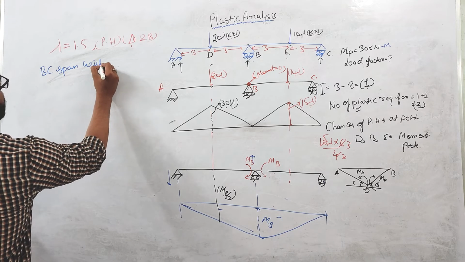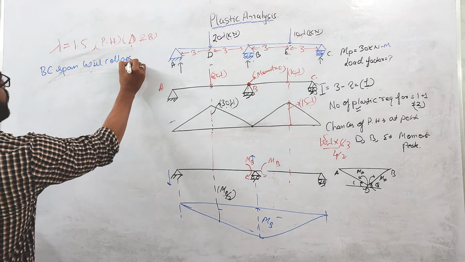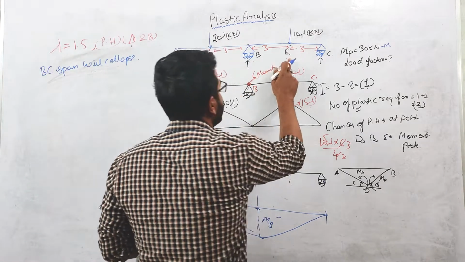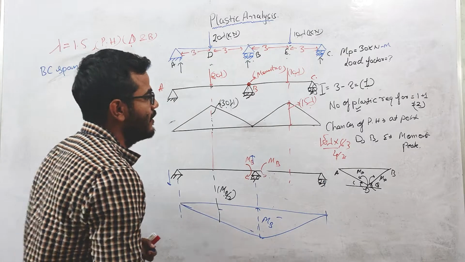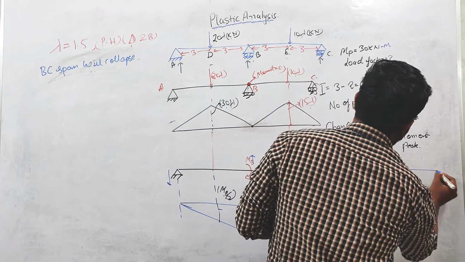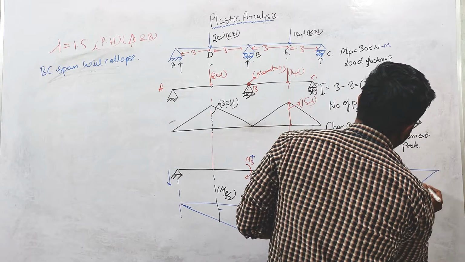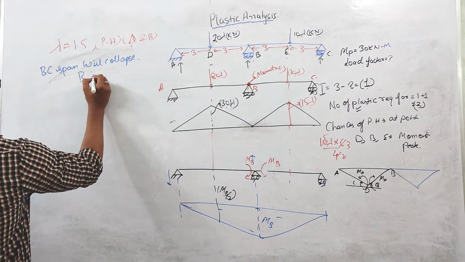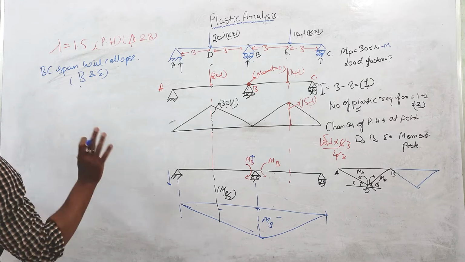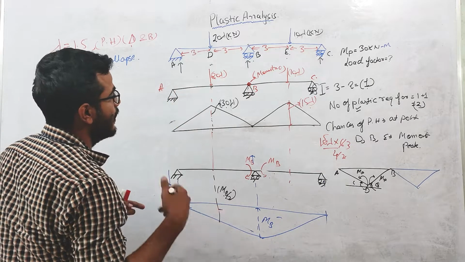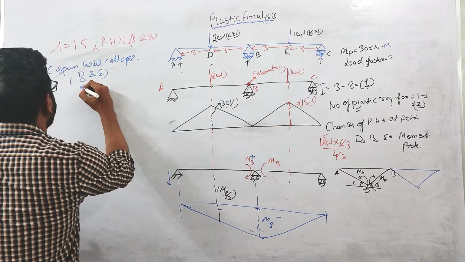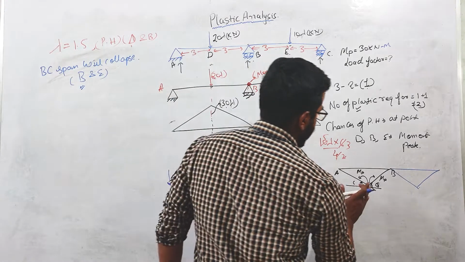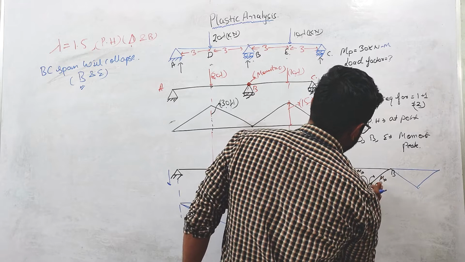When the BC span is collapsing, the plastic hinges will form at B and E. There is no plastic hinge at D. The plastic hinges are forming at B and E.